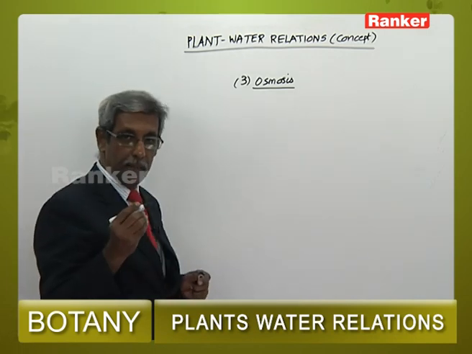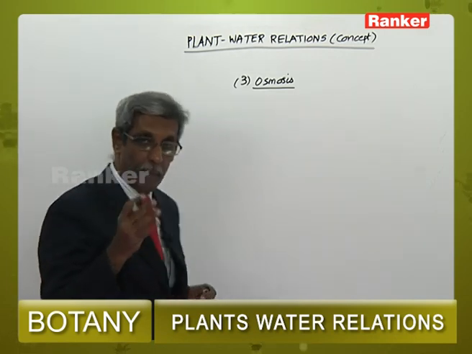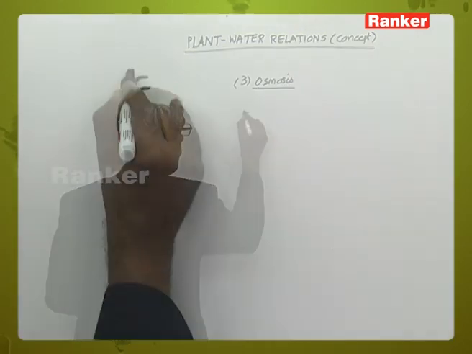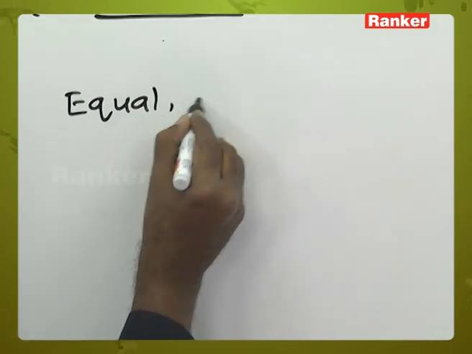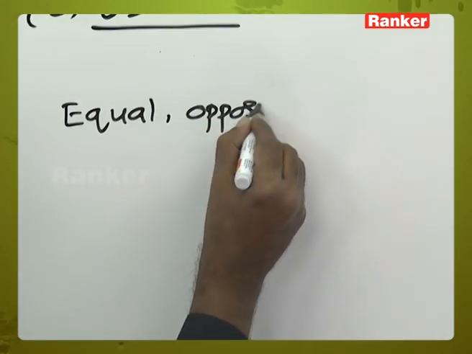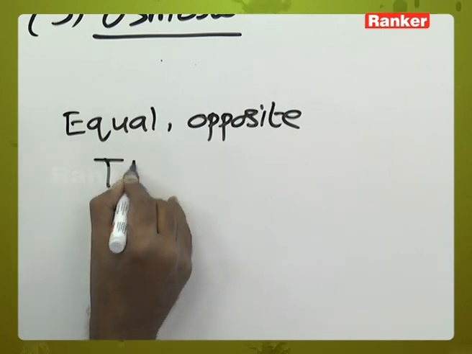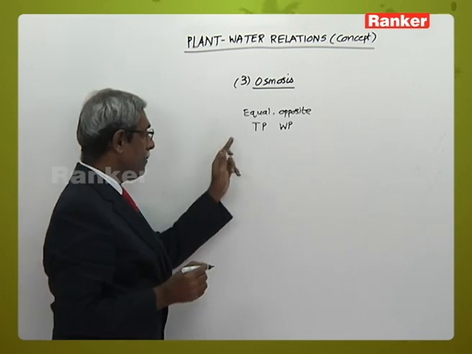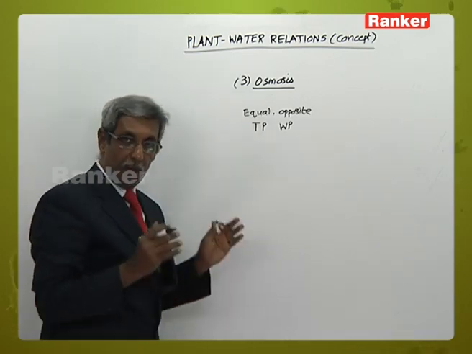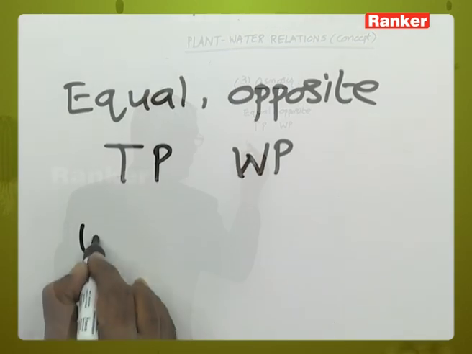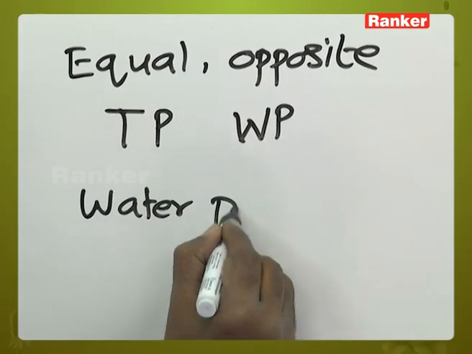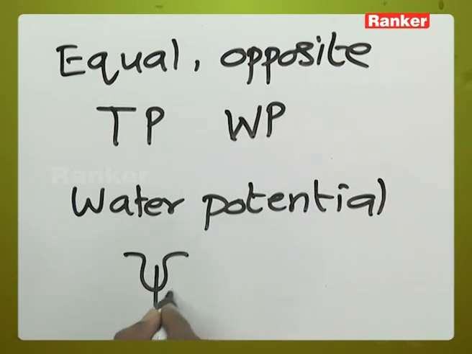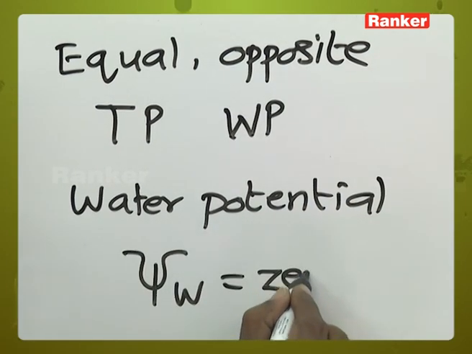Now in a turgid cell, both the wall pressure and the turgor pressure become equal and opposite. Because water cannot enter, the water potential is equal to 0.